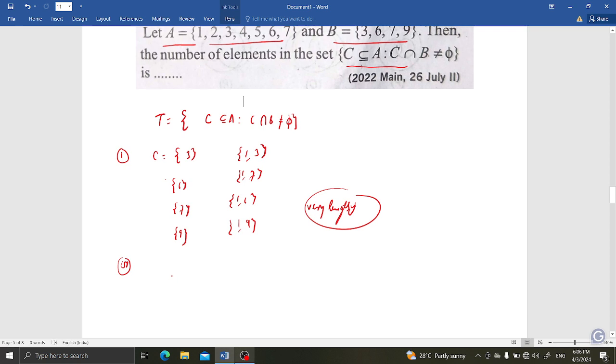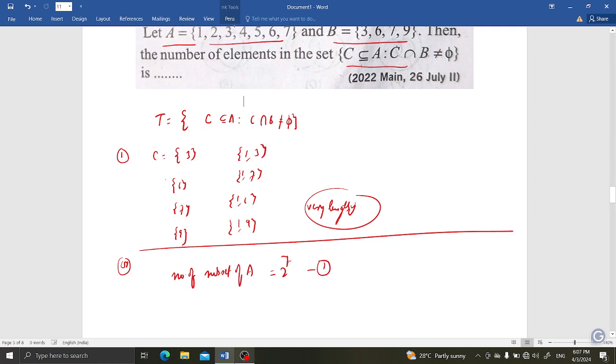What we can do, first of all, the number of subsets of A is 2 raised to the power 7. I assume it is the first equation. Now, what I am doing, listen. Set B contains 3, 6, 7, 9. So from the set A, I'll make another set, say set W, and it contains 1, 2, 4, and 5, because 3, 6, 7 are there.